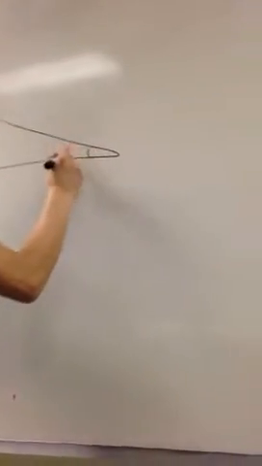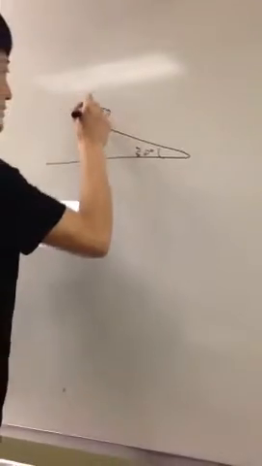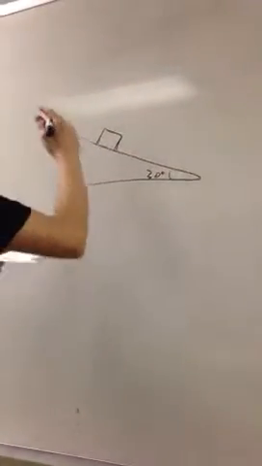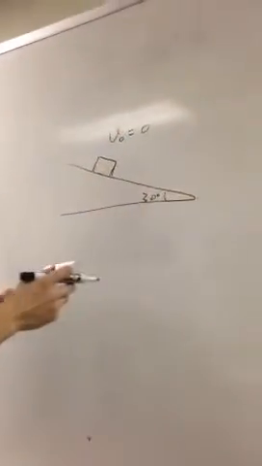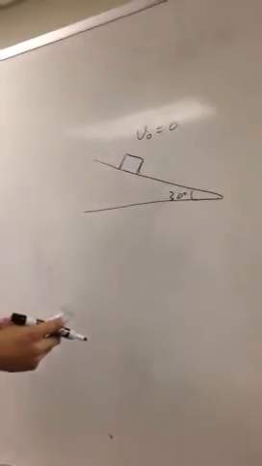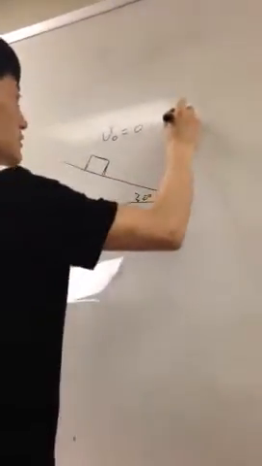So 16, 17. A 1.8 kilogram block is released from rest. So we know the initial velocity is 0, and we know the mass is 1.8.